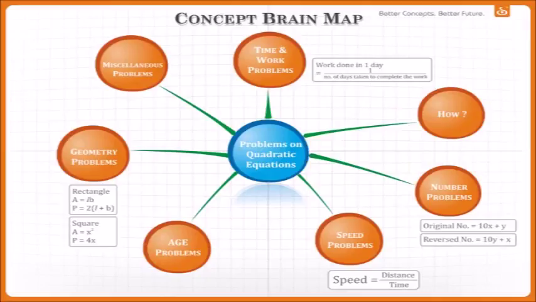Now we have different types of problems, that is number problems. While solving a number problem, we can take the tens digit as x and units digit as y. Then the original number will be 10x plus y and the reverse number will be 10y plus x.